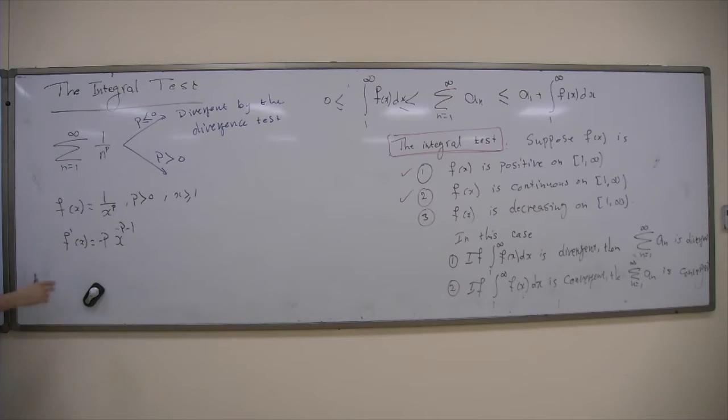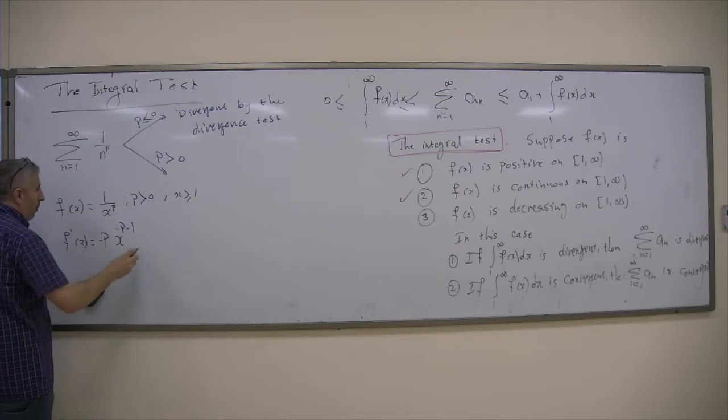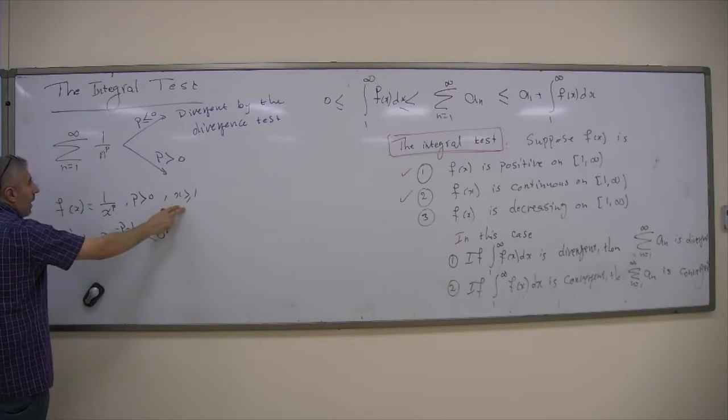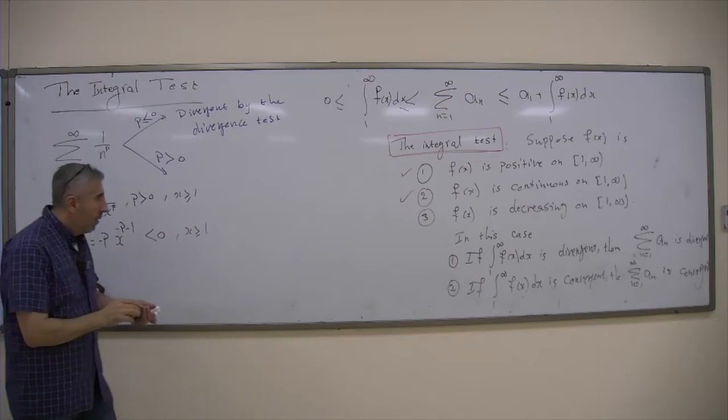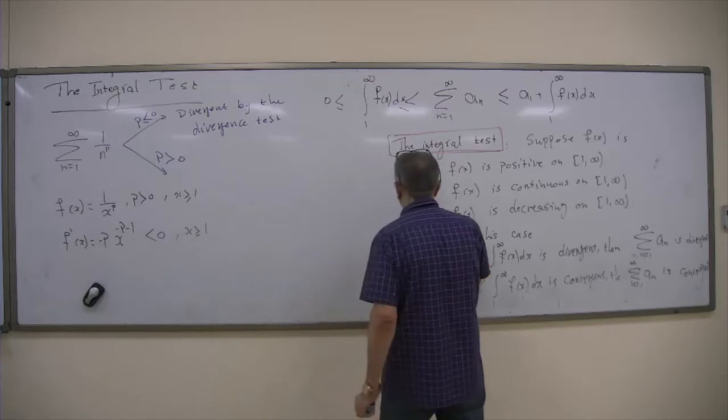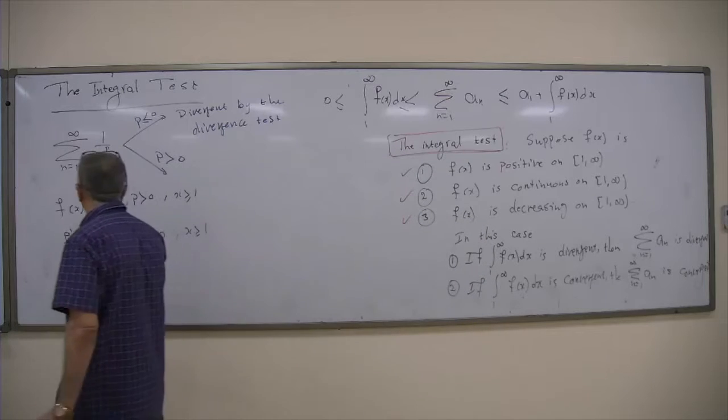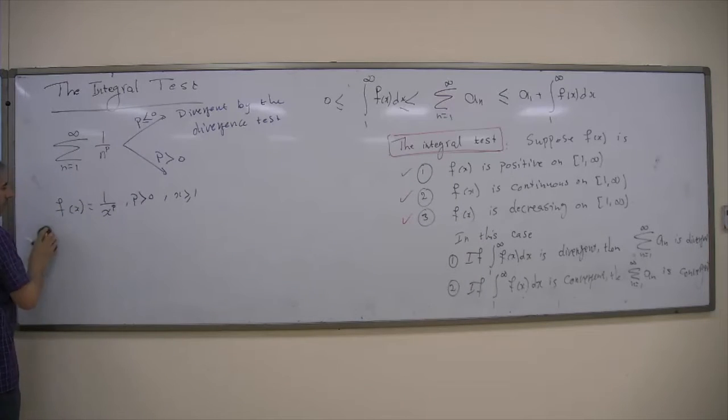So here p is positive and you have negative, and that is obviously negative, as long as x is larger than or equal to 1. So basically the three conditions are satisfied, and all you need is just to apply the integral test.